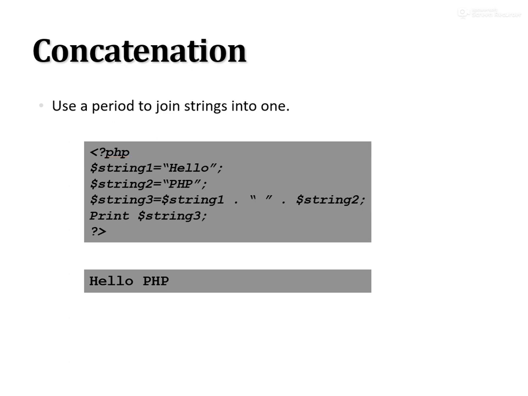In order to concatenate two strings, we can use the period symbol, or this dot. So dot is an operator, a concatenation operator, which is used to join together two strings.